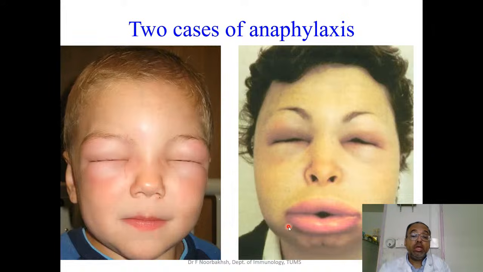These are two examples of anaphylaxis for people who've developed hypersensitivity to systemically spread allergens. As you're seeing in here, you have the edema in the face. Here you have edema in the face, in the eye region, or even in the lips of the person.